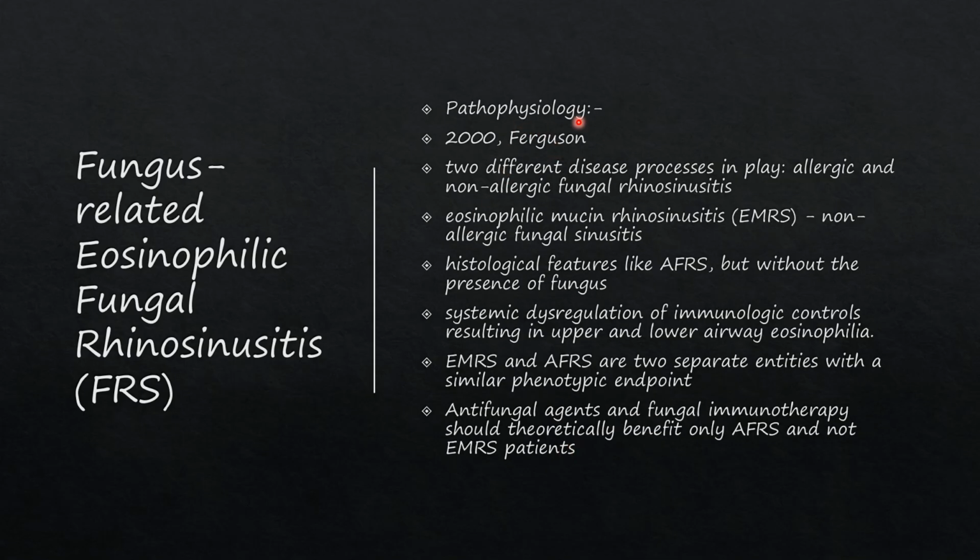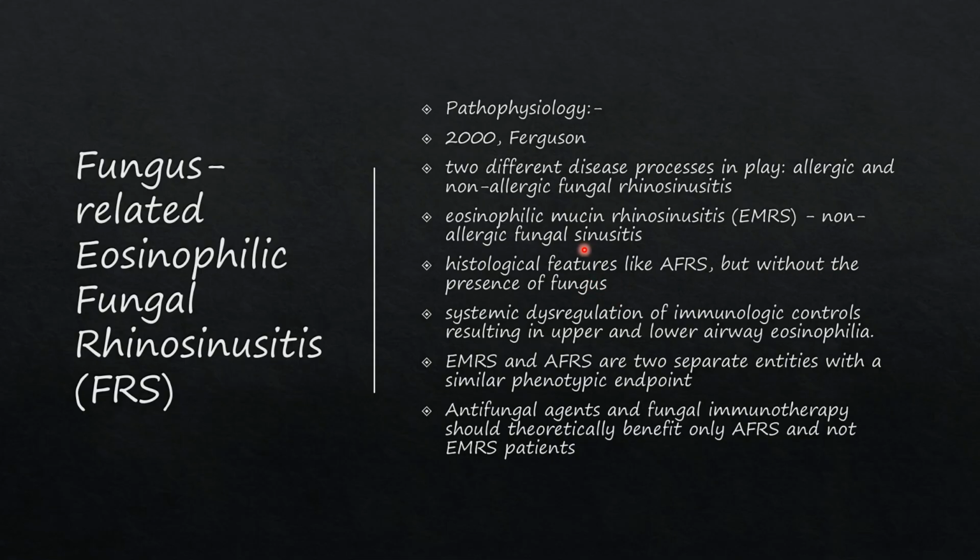Then came Ferguson. So Ferguson said that there are two disease processes. First is the eosinophilic mucin rhinosinusitis. This is not allergic. For some reason, eosinophils are present in the mucin of the rhinosinusitis patient in EMRS. These have AFRS like features, except fungus is not present, right?